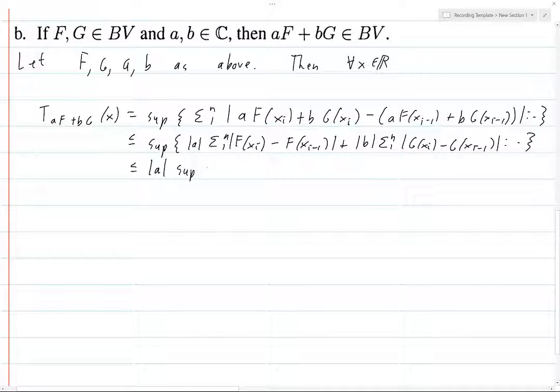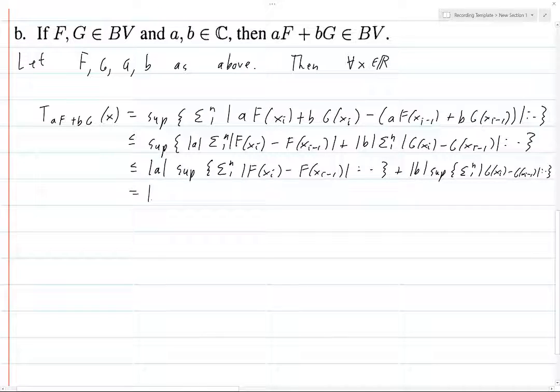Bring the a out and we get the sup of the sum from 1 to n of f(xi) minus f(xi minus 1), then this is plus b of the sup of all such sums of g(xi) minus g(xi minus 1). But then what is this? This is just a times T f of x plus b times T g of x.